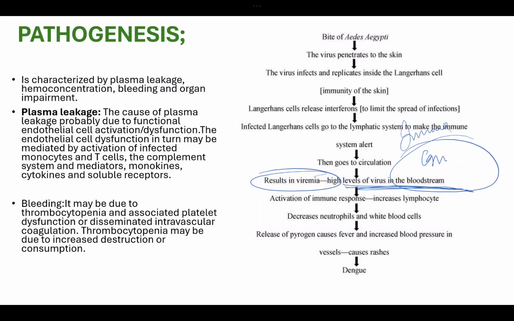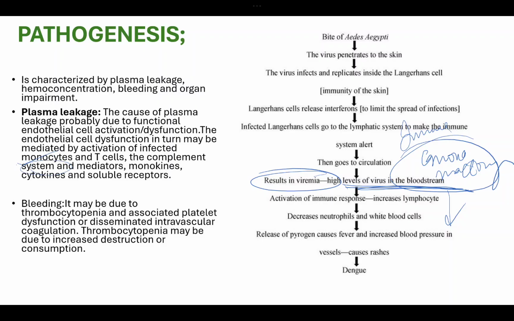The immune cells are nothing but the monocytes and macrophages. Activation of these immune cells or the endothelial cells, they get activated, and then the dysfunction occurs, resulting in the release of cytokines.